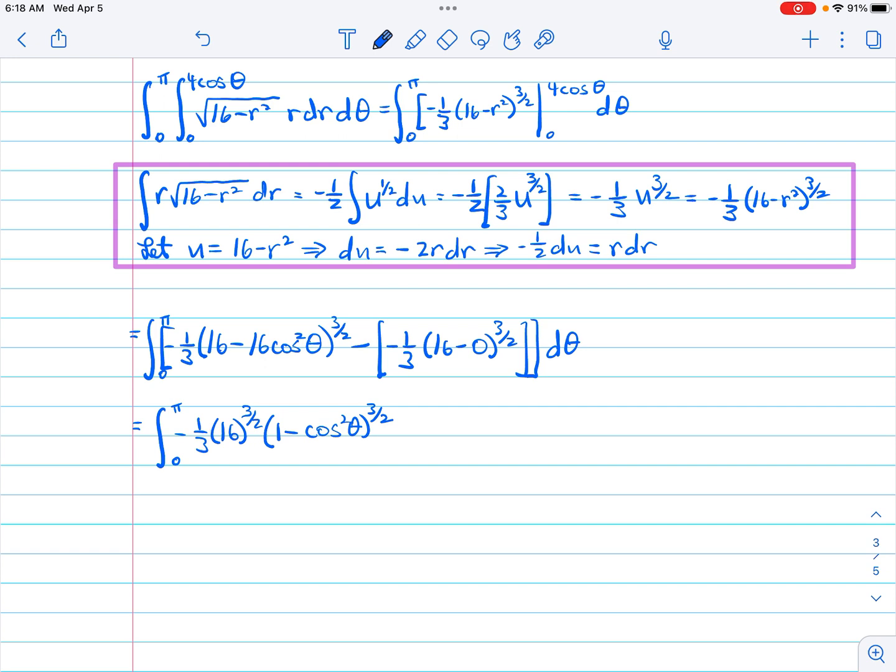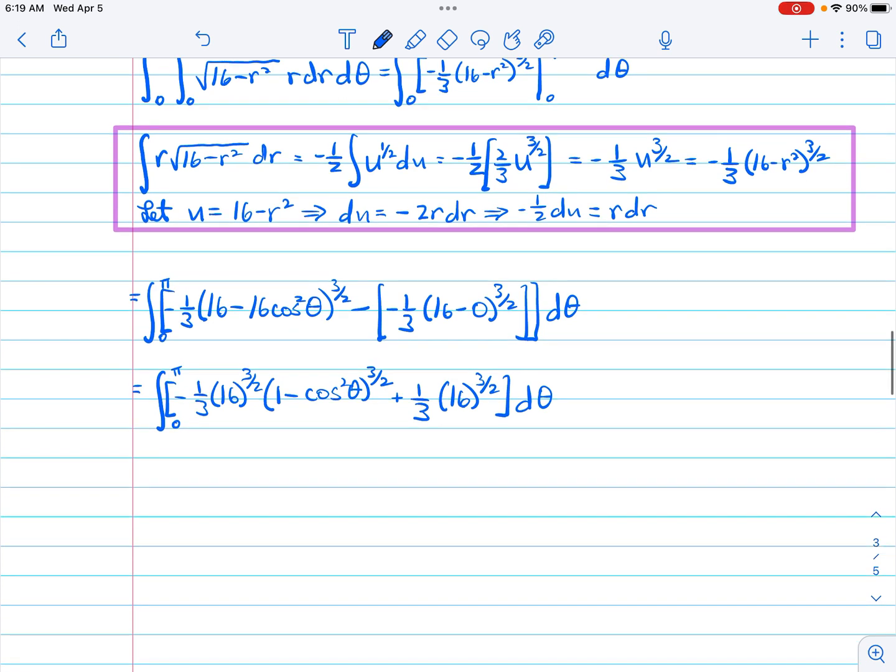Notice all I did was factor out that 16 to the 3 halves from the radical. Nothing wrong with that. Then I've got, notice that this is going to be plus 1/3 times 16 to the 3 halves, because I've got those two negatives back to back.